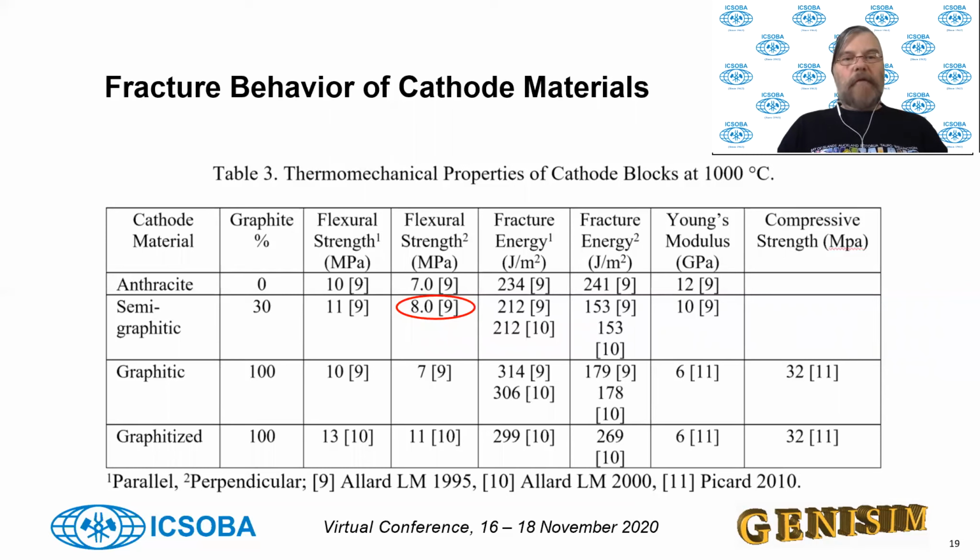For semi-graphitic, and graphite is almost the same, the number 8 megapascal is the critical structural strength. So we are assuming that in tension, if the cathode block reaches 8 megapascal, it will crack.